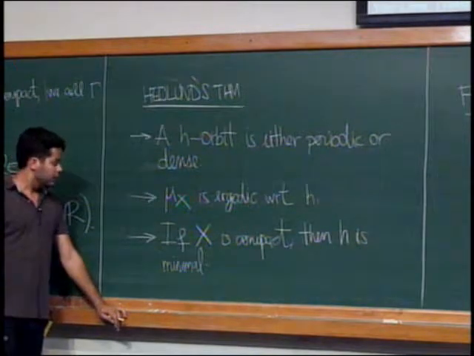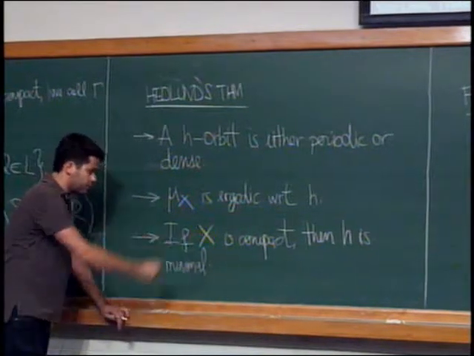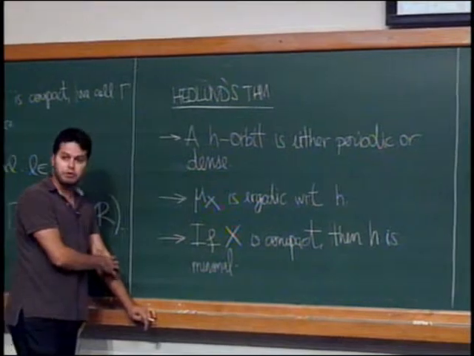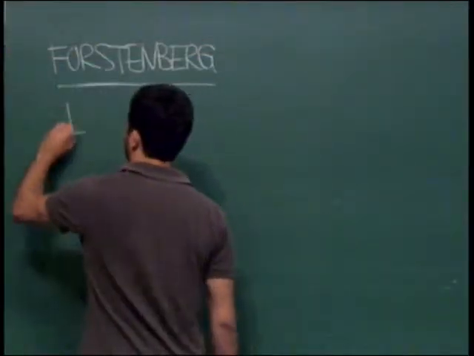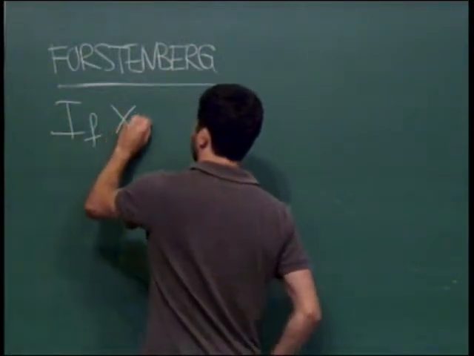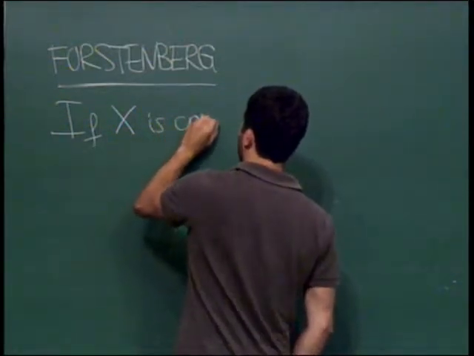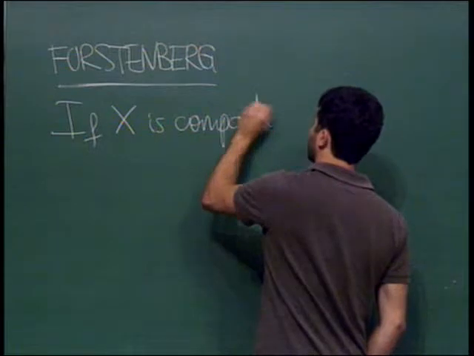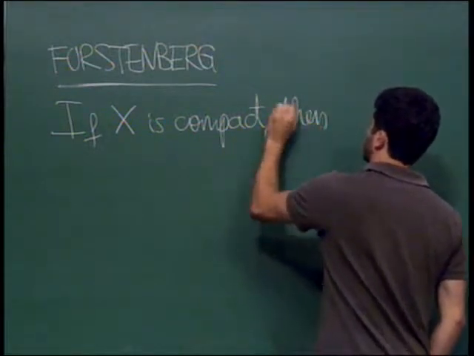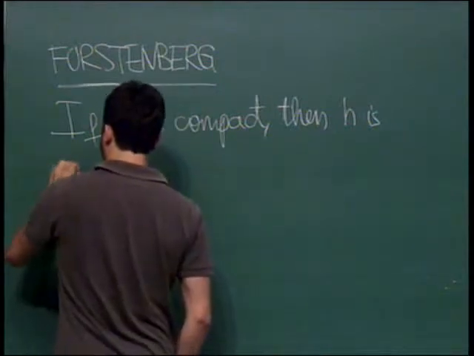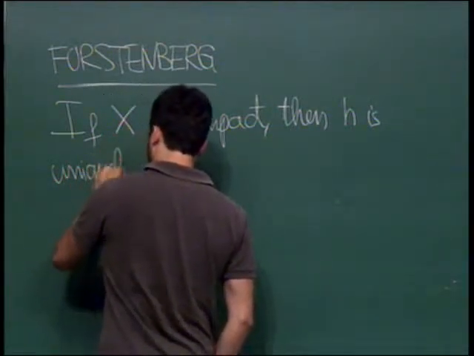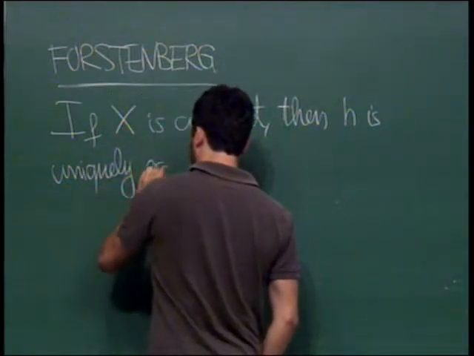And he showed that in the situation that X is compact, the horocycle flow is uniquely ergodic. So the theorem of Furstenberg is that if X is compact, then H is uniquely ergodic.